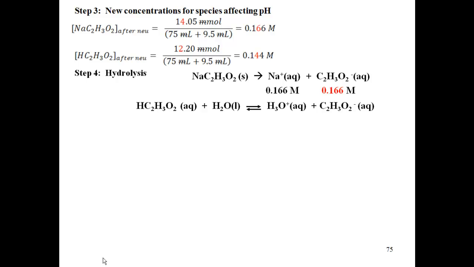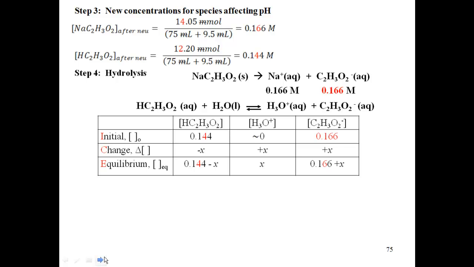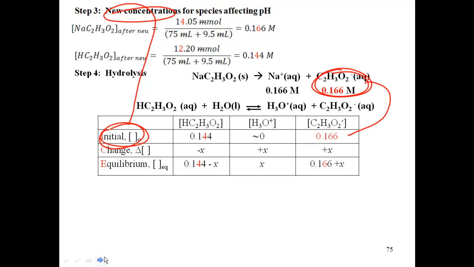Do my ICE table. Put in my initial concentration. Remember, my initial concentration is now my new concentrations. Remember, we had the neutralization, so the concentrations have changed. So I need to put in what I calculated, which is 0.144 molarity for my acetic acid, 0 for my hydronium, and once again, I have to account for that conjugate base, which is 0.166, which I calculated again after the neutralization.